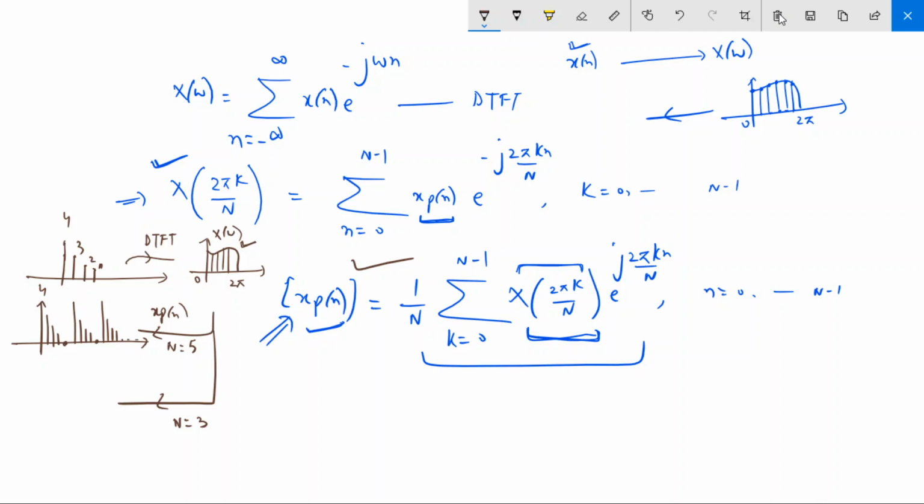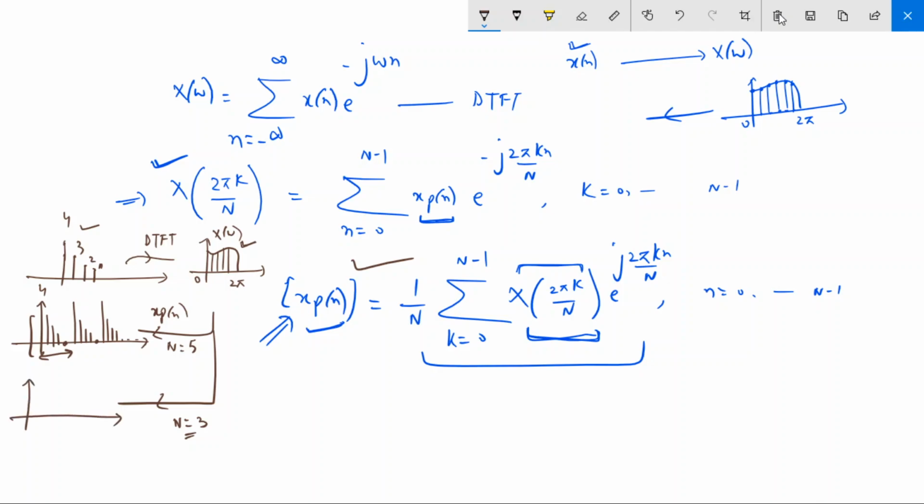This is my xp[n]. From this xp[n] I can simply get x[n] back if you just take the first 5 samples. The last sample is 0, so I get the first 4 samples, that is x[n]. But if I take N equal to 3, what will I get in xp[n]?